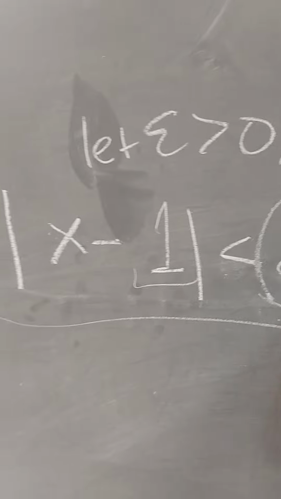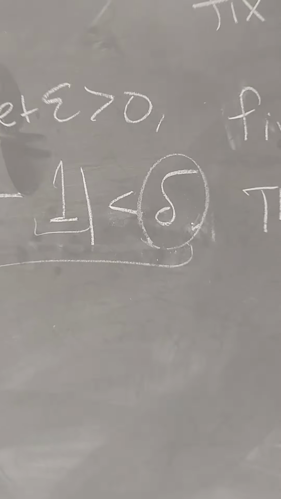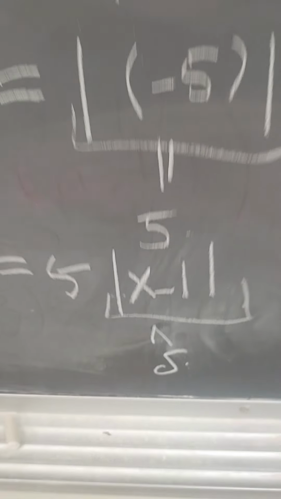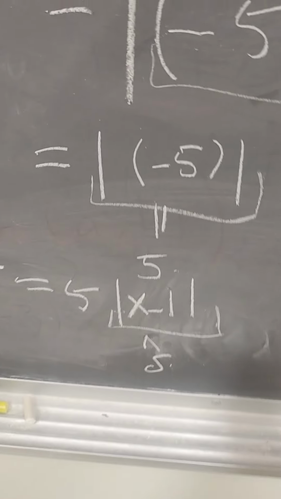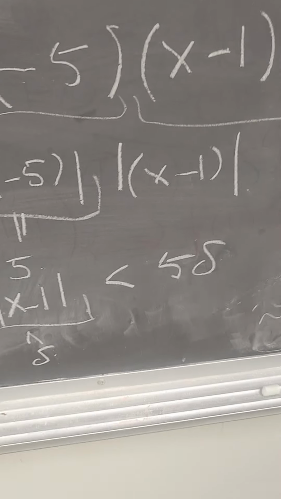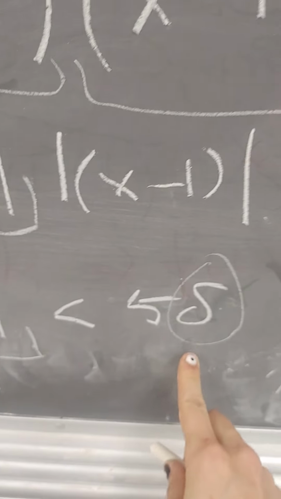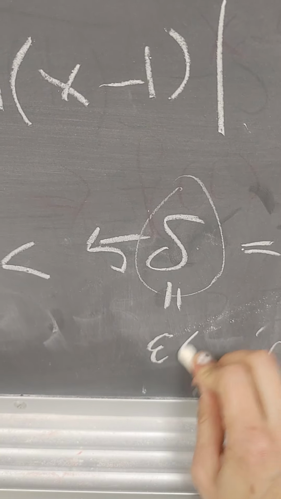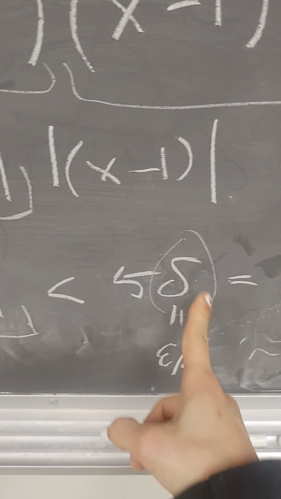We can use our delta. We can use our expression in delta. So the absolute value of x minus 1 is less than delta. And so 5 times the absolute value of x minus 1 is less than 5 delta, right? And to start with, we set delta to be equal to epsilon over 5. And so we can plug that in for delta.